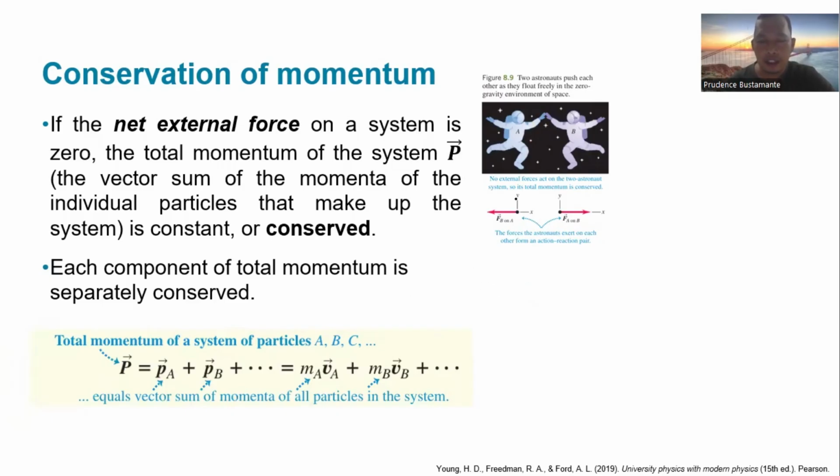F A on B is equal to the negative of F B on A. If you add their forces, from Newton's third law, action and reaction, F A on B plus F B on A is equal to 0.